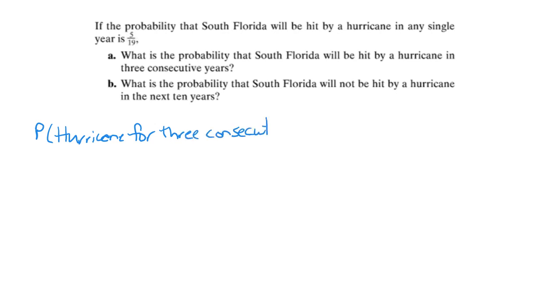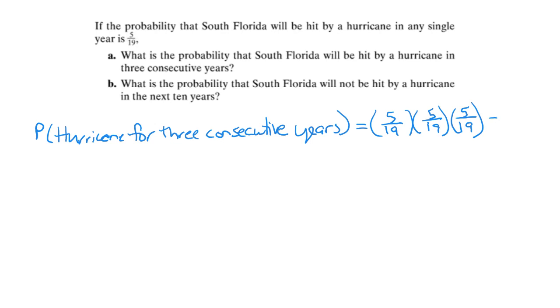They already gave us the probability of a hurricane occurring. So each year is independent of the other year. So my first year probability is 5/19. My second year is 5/19. And my third year is 5/19. Or you can say 5/19 to the 3rd power.